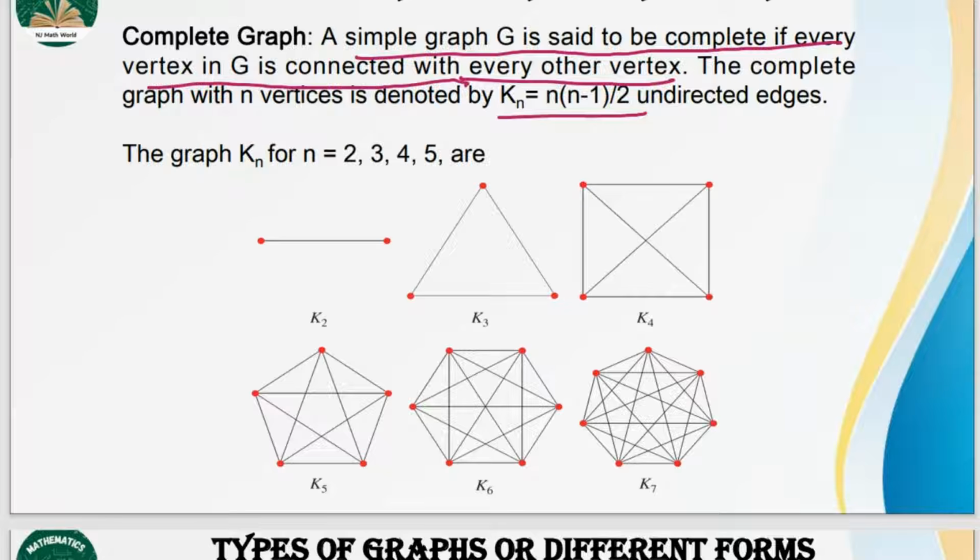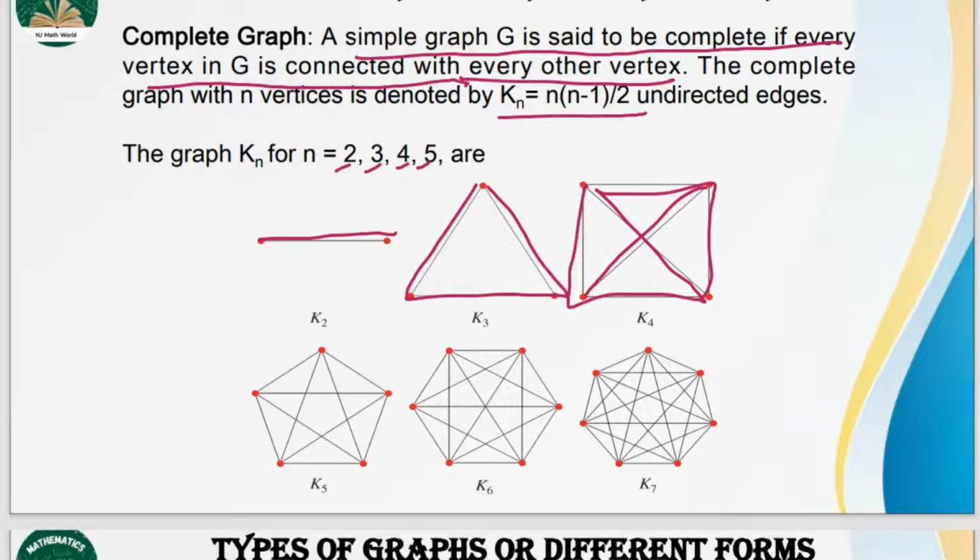Here are the complete graphs for 2, 3, 4, 5 nodes. Every vertex should be connected with every other vertex. Then it is called a complete graph.